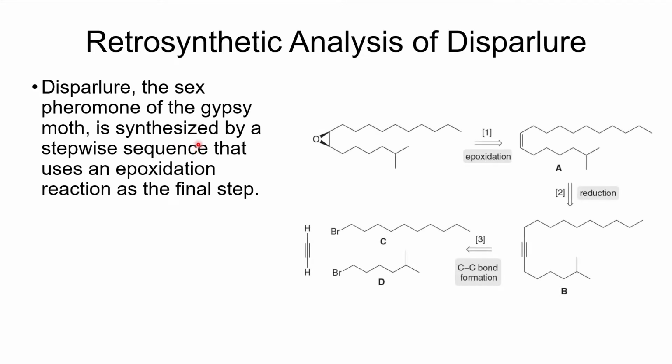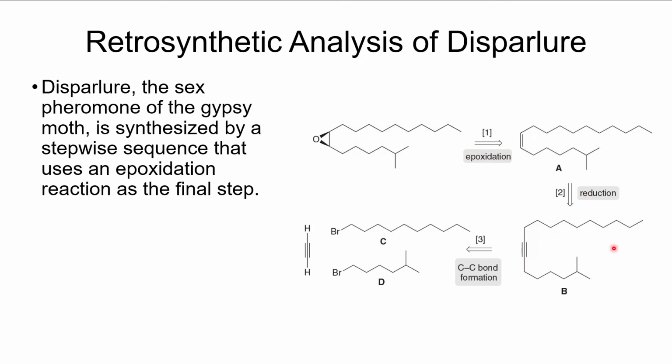So thinking retrosynthetically, so working backwards, here is the product that we want to make. We know that we can make epoxides using epoxidation with a peroxy acid, and so we know how to do that. Well, we know how to make cis alkenes from alkynes, and so we can do that with a reduction.